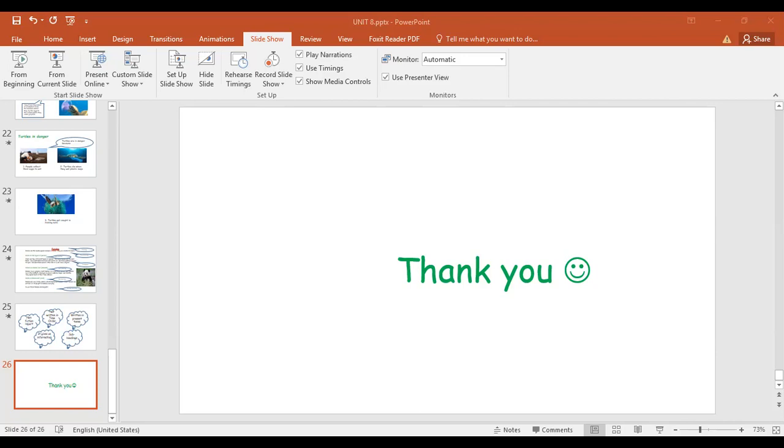But when I read this information, I can understand the Javan rhino has skin that looks like armor. So this is a short description about the picture, and we call it a caption. We call it a caption. So what is the caption? The caption is a short description about the picture.